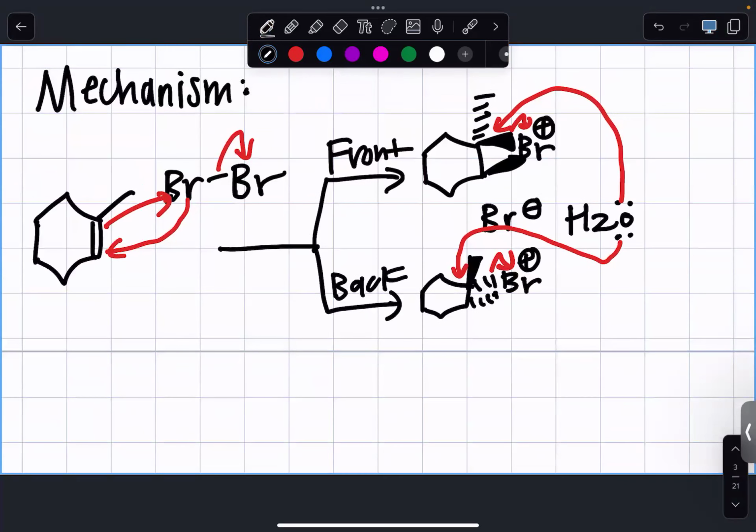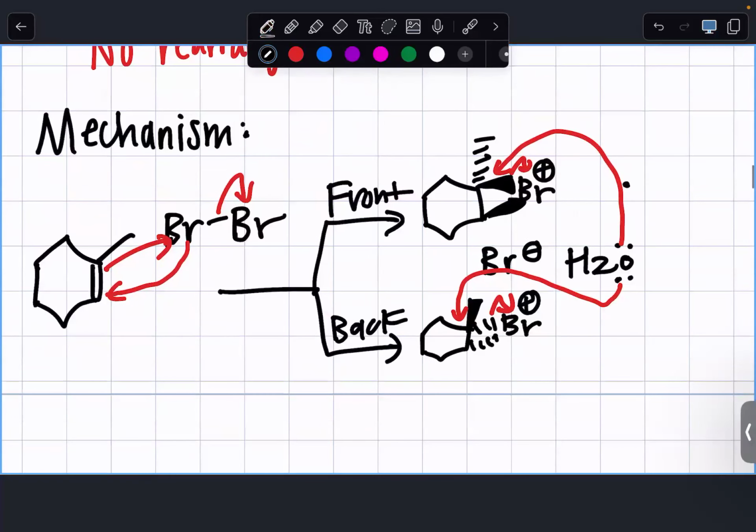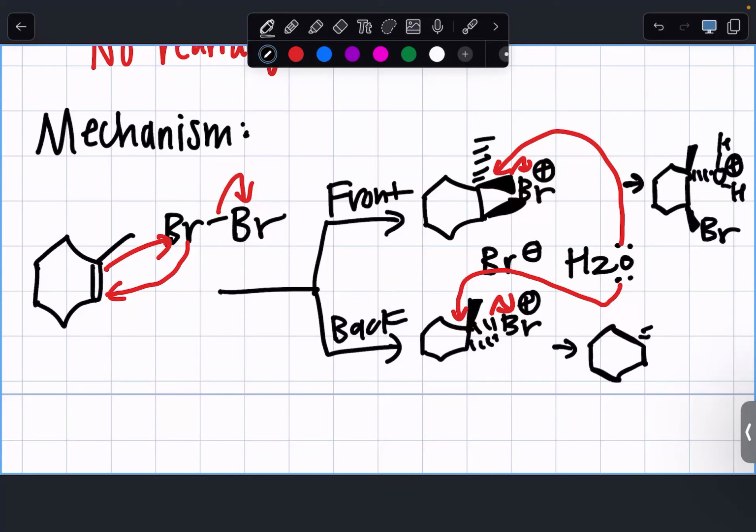Well, not exactly SN2, but similar to a backside attack where it inverts the stereochemistry. So we would get that and this, where we invert the stereochemistry of the bond that we just broke.